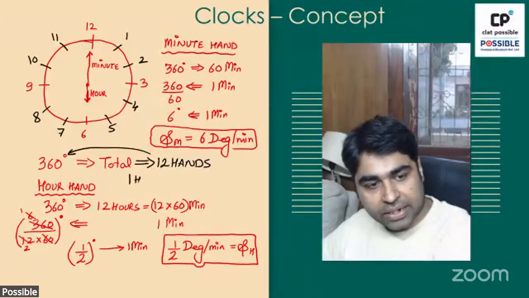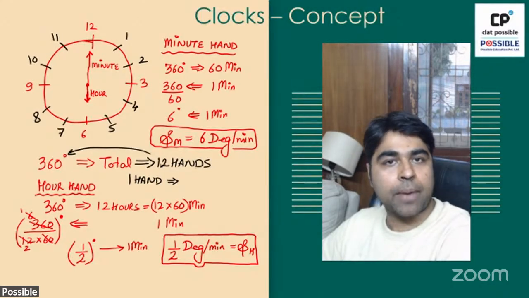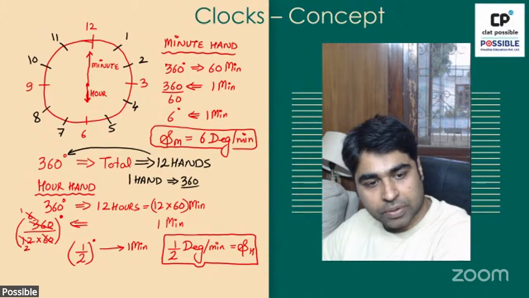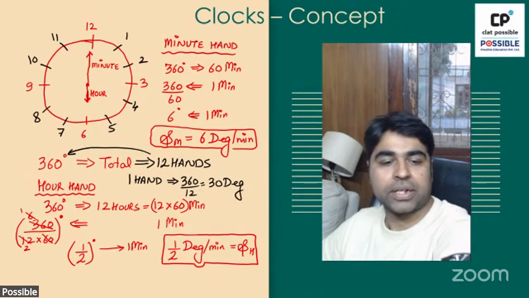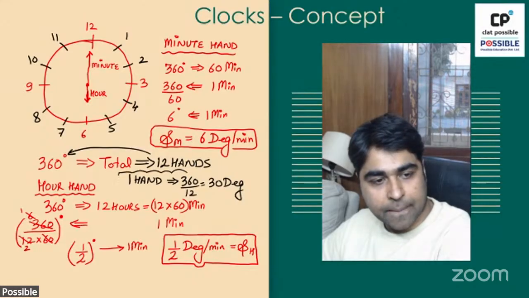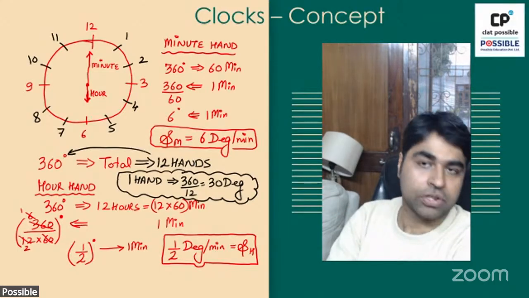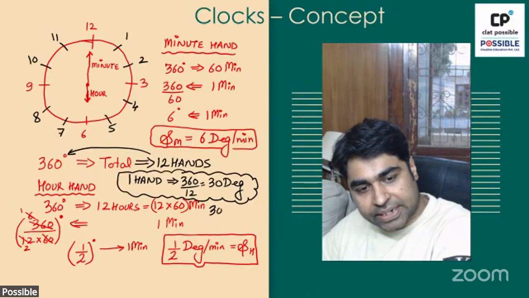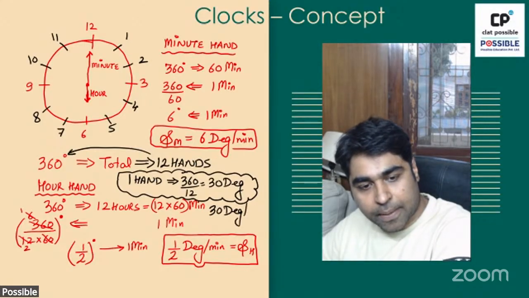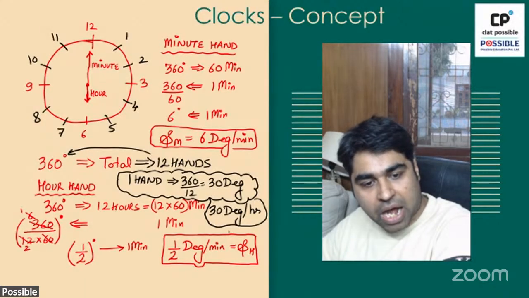So one division will make a movement of 360 upon 12, that will be 30 degrees. So what is the movement which is done? It will be 30 degrees per division, or 30 degrees per hour. We call this 30 degrees movement happening per hour by the hour hand.